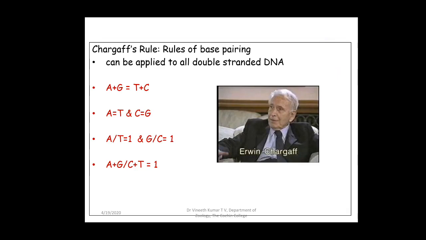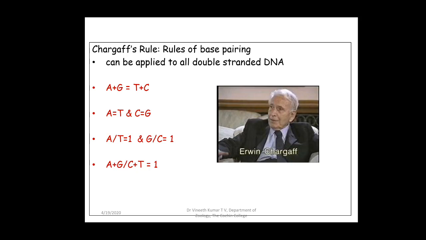After seeing the structural details, we are moving on to the elucidation of the structure of DNA. First, we have the evidence for the structure of DNA. The first is Chargaff's rules, usually called the rules of base pairing, which can be applied to all double-stranded DNA. The most important clue for the DNA structure came from the work of Erwin Chargaff and his colleagues in the late 1940s.